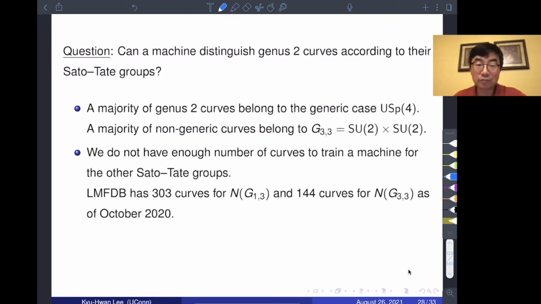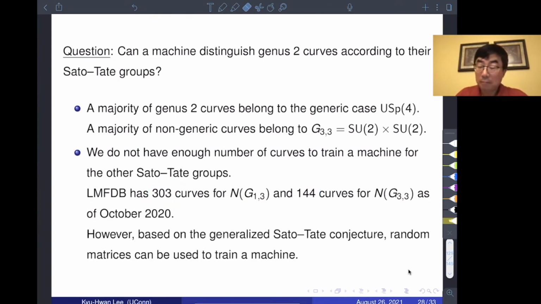And we do not have enough number of curves to train a machine for the other Sato-Tate groups. For example, LMFDB has only 303 curves for this Sato-Tate group and only 144 curves for this group. Then the number is too small to train a machine. It should be much bigger than like 300.